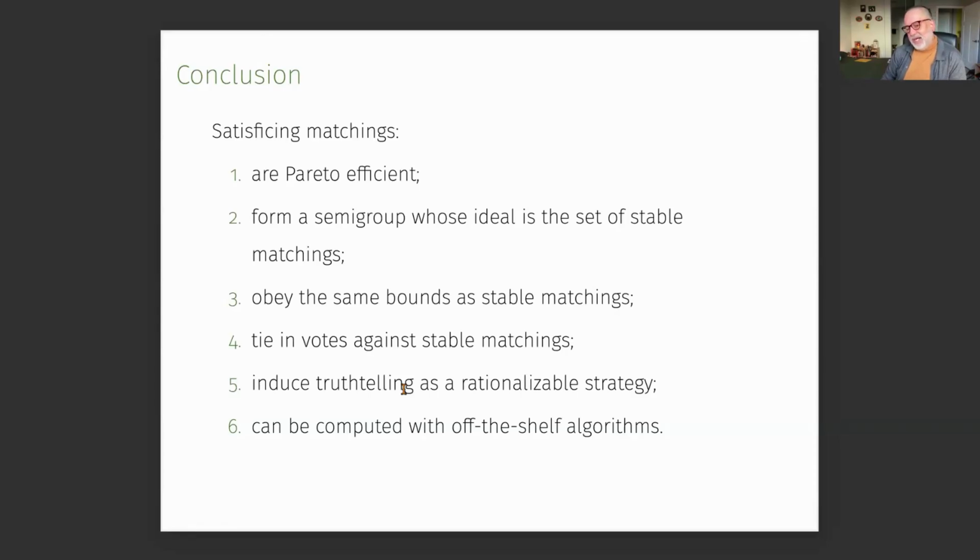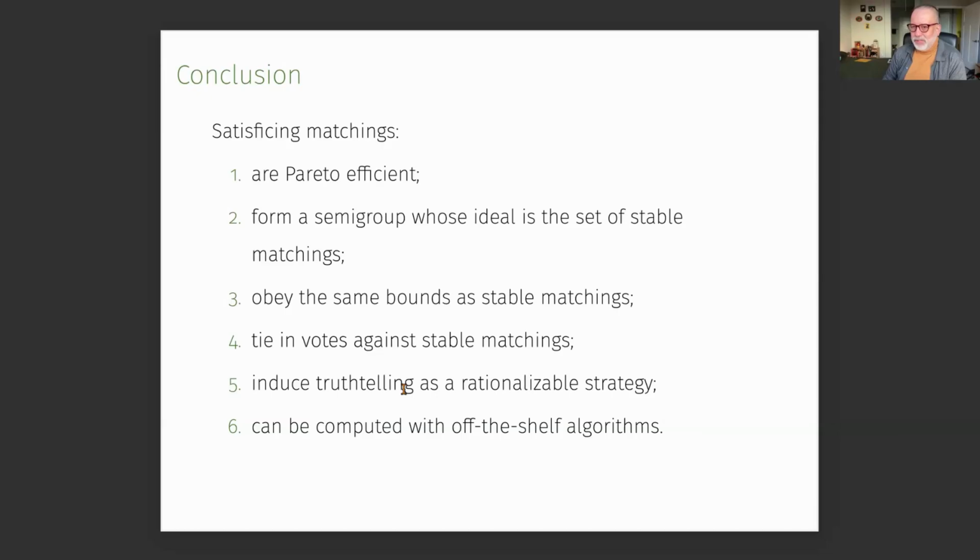And then the last thing that I wanted to say is that satisficing matchings are, in some sense, I have to be careful, in some sense, easier to compute than all stable matchings. We don't need to design new algorithms.